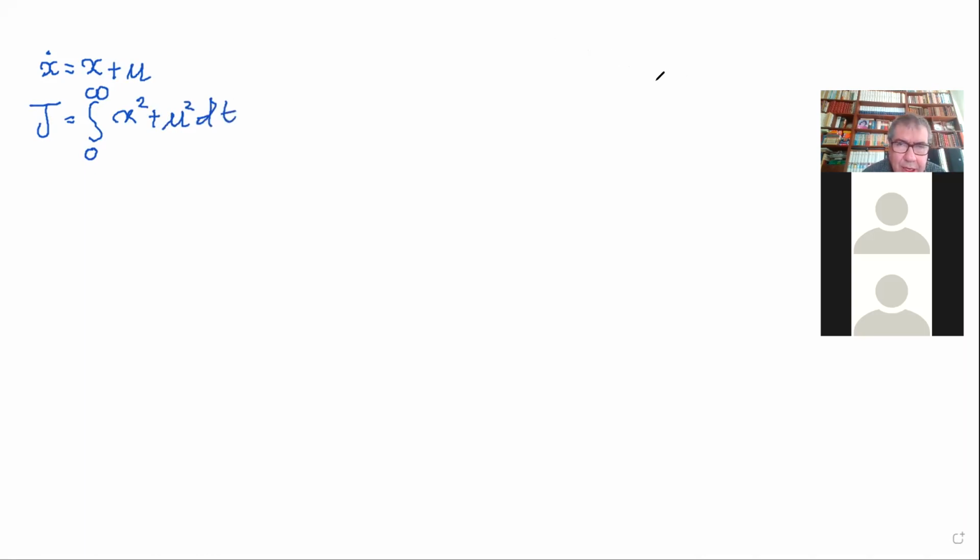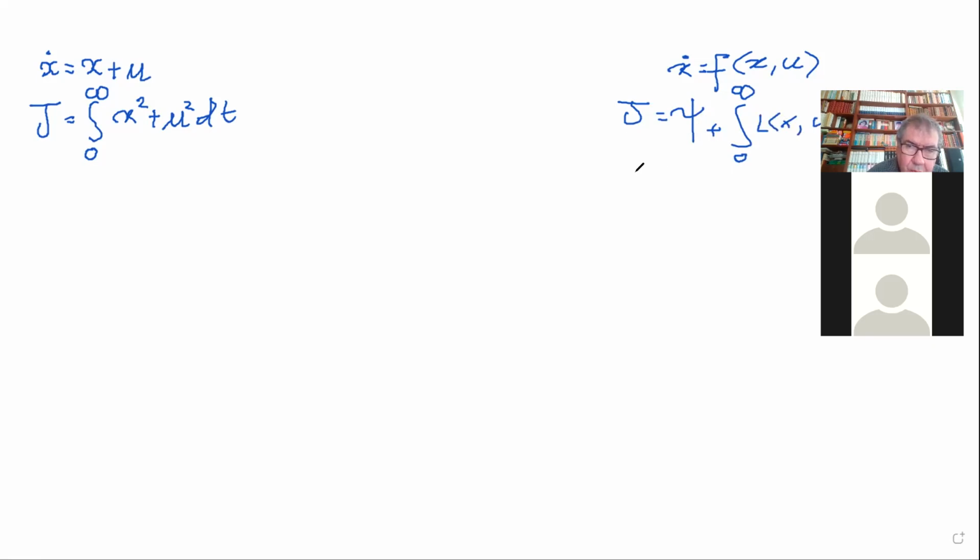Now, let's write here the general case: x dot equals f of x, u, and J equals psi plus the integral between 0 and infinity of L of x and u dt.